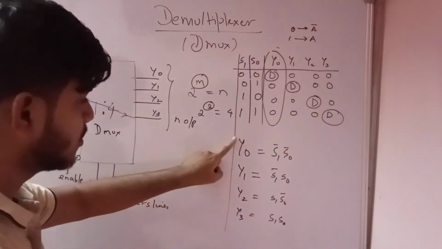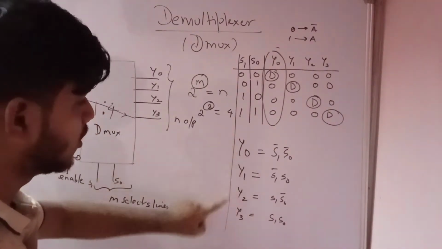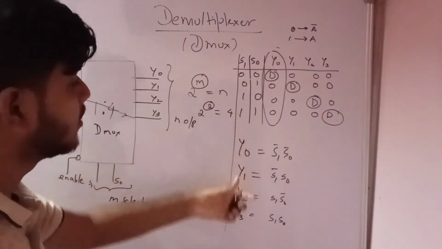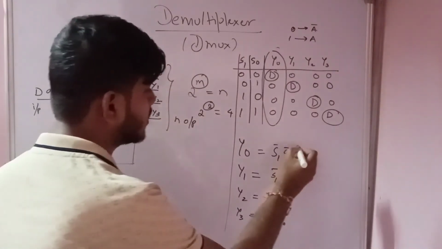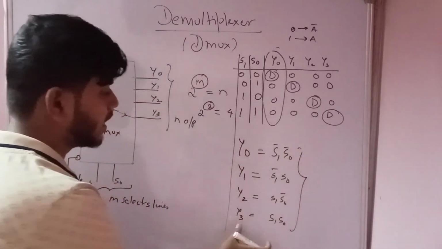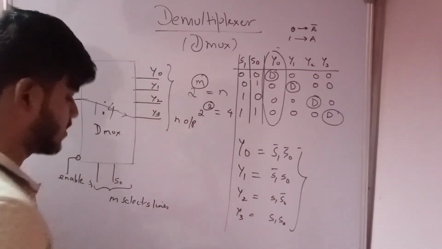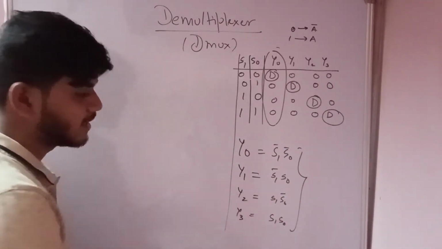Now depending upon these expressions we got from the truth table, we can draw the structure of this demux using logic gates. So let's look at that. I will be keeping these equations here. Let me erase this. Y0, Y1, Y2, Y3 are the output pins.